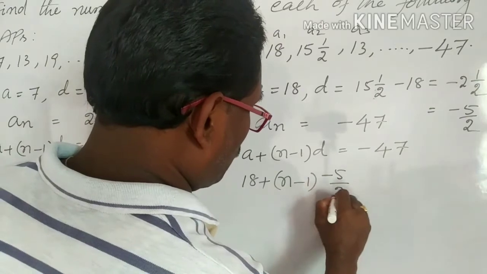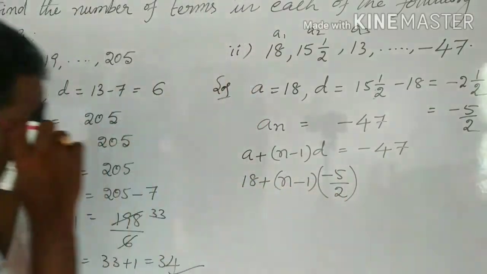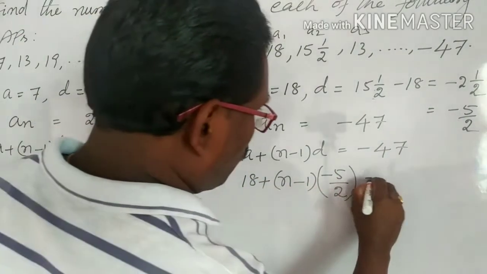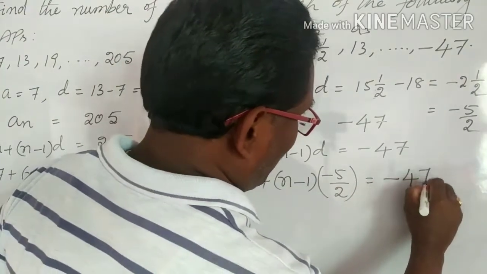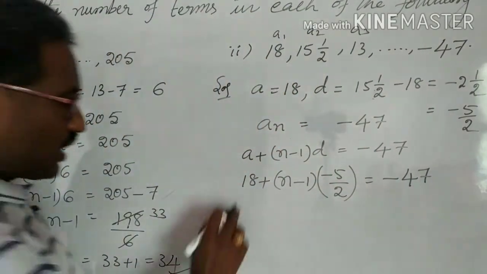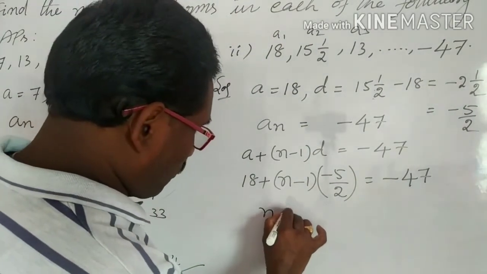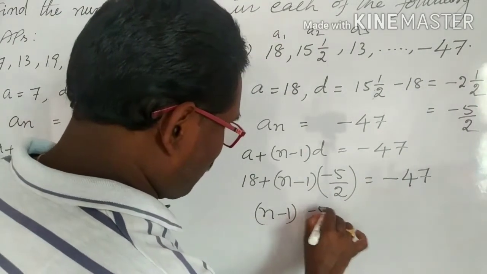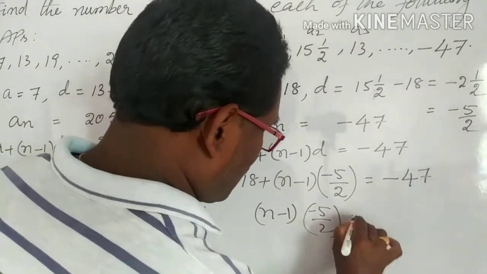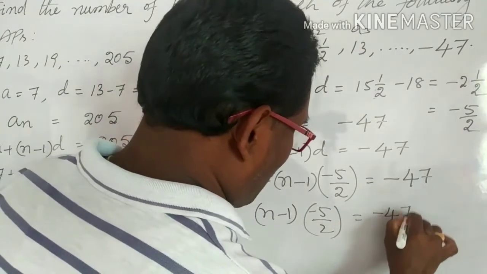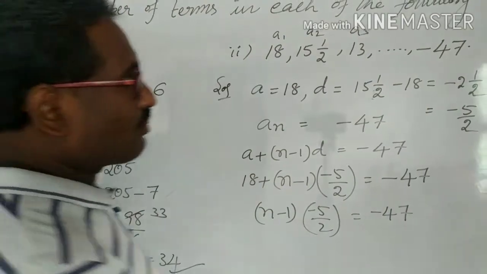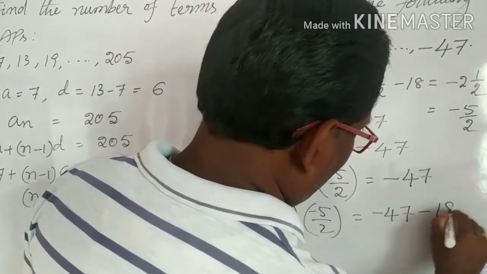Keep it in brackets. Is equal to minus 47. Transpose this to the right side: n minus 1 into minus 5 by 2 is equal to minus 47 plus 18, which becomes minus 18.